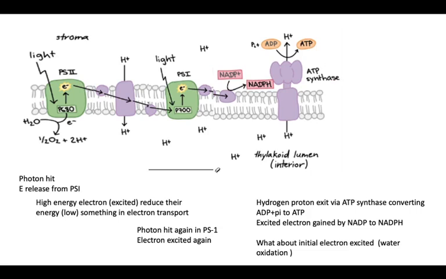Now this thylakoid lumen contains a higher concentration of hydrogen protons. They want to exit, so they exit using ATP synthetase activation. This ATP synthetase is mainly responsible for the addition of phosphate to ADP, resulting in the accumulation of ATP.